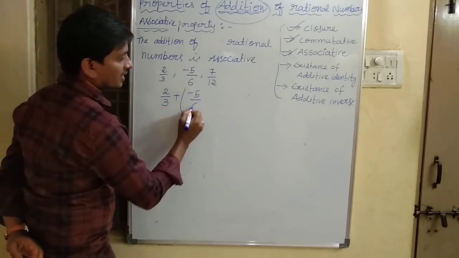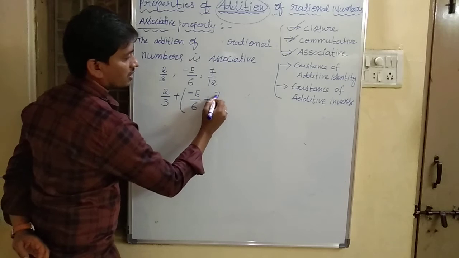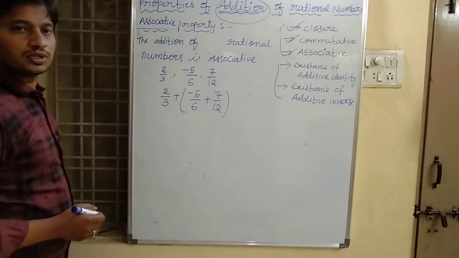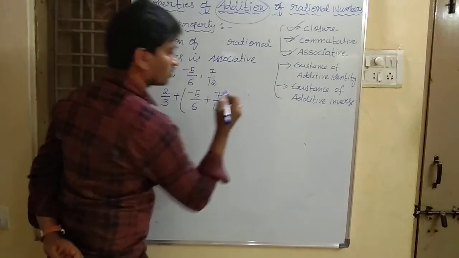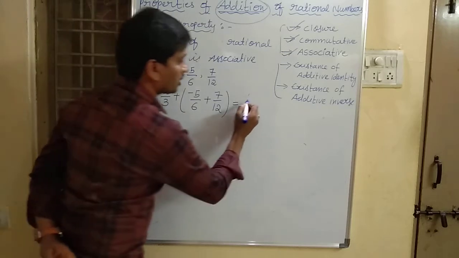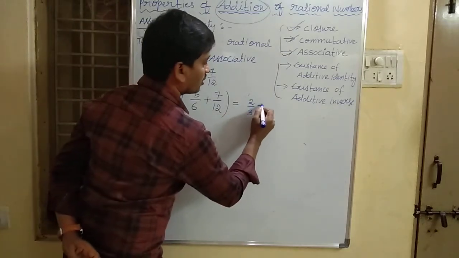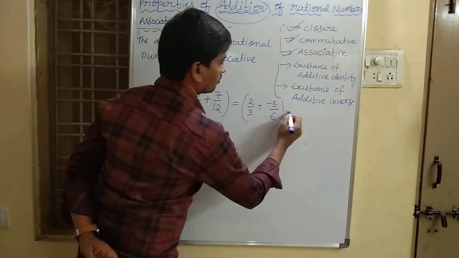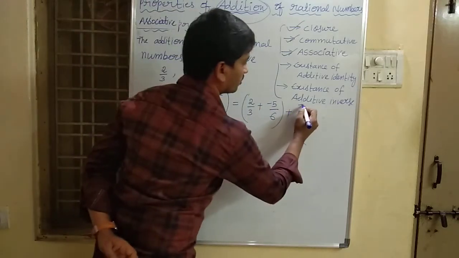minus 5 by 6 plus 7 by 12 is equal to, now you add the first two rational numbers, that is 2 by 3 plus minus 5 by 6, plus 7 by 12.